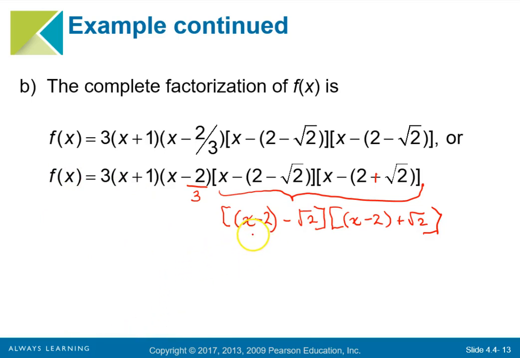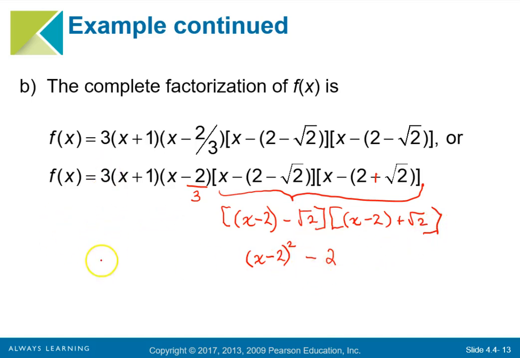In this case, we're going to have an x minus 2, that whole quantity squared, and then I'm going to have minus, because I have a plus and a minus there, 2. Because I have a square root of 2 times the square root of 2, that's going to give me a 2.